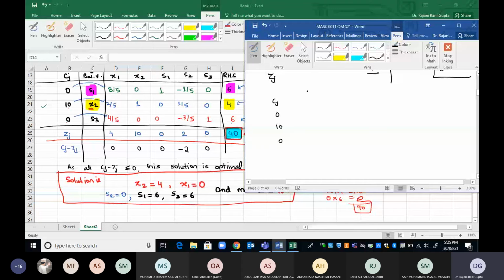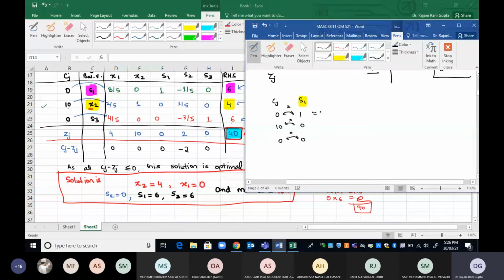Multiply them, this gives you 0, 0, 0, so Zj is 0.